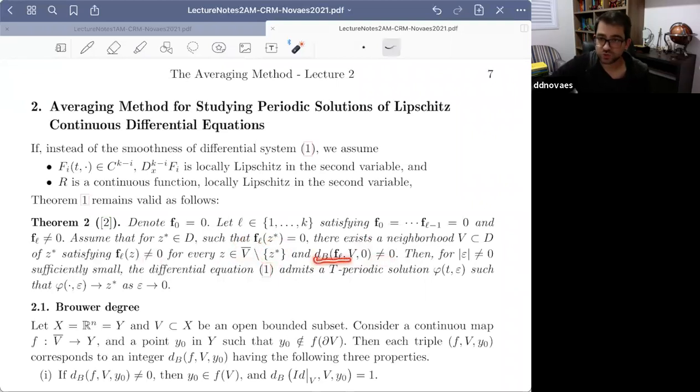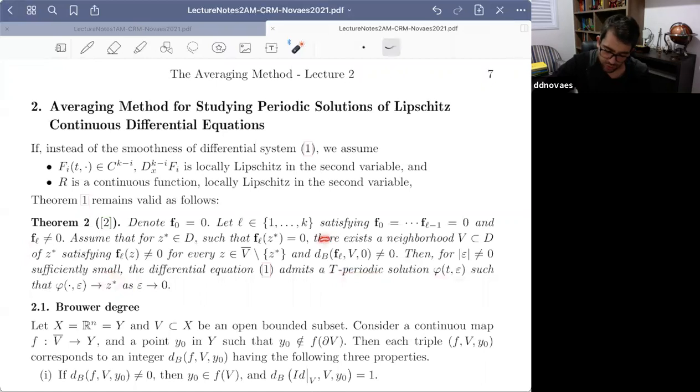I'm going to introduce this object in a minute. Then the result is that for epsilon sufficiently small, the differential equation 1, but now under these conditions, admits a T-periodic solution phi(t, epsilon) converging to z* as epsilon goes to 0. So this is the averaging method applied to study periodic solutions of Lipschitz continuous equations.